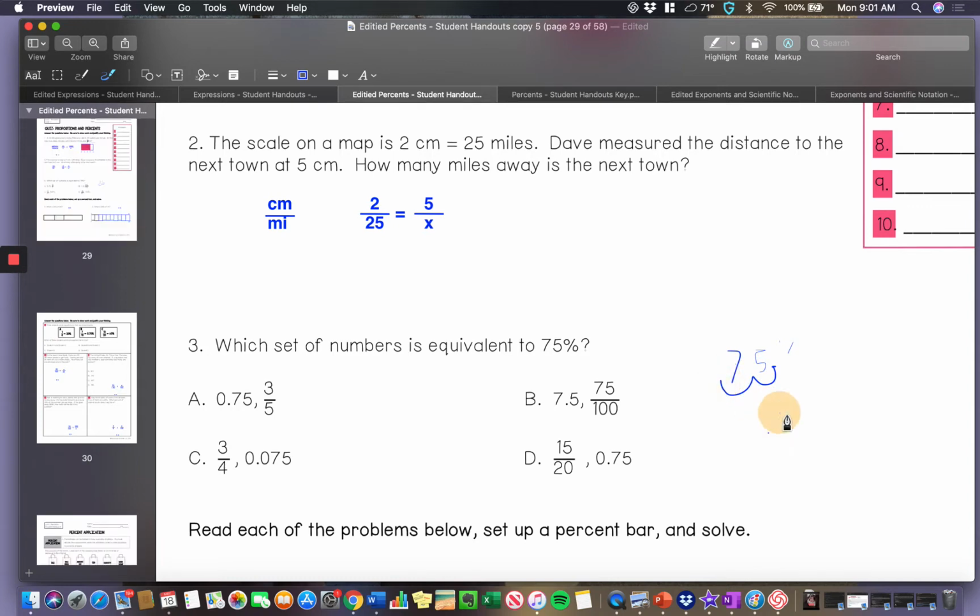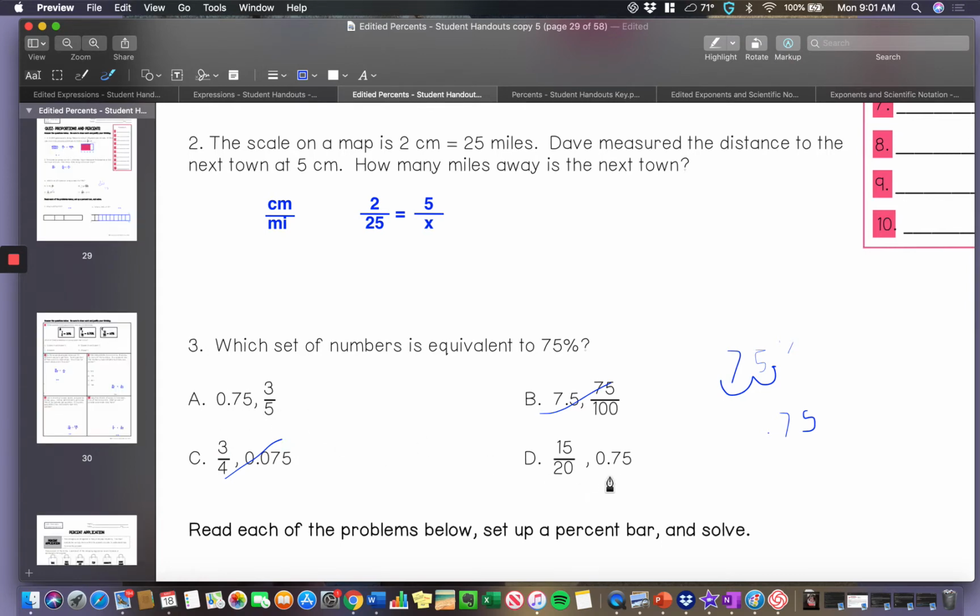So I automatically know a couple of answers are eliminated. So for example, if my decimal is 0.75, I can get rid of B and I can get rid of C. So I have 0.75 here and 0.75 here.